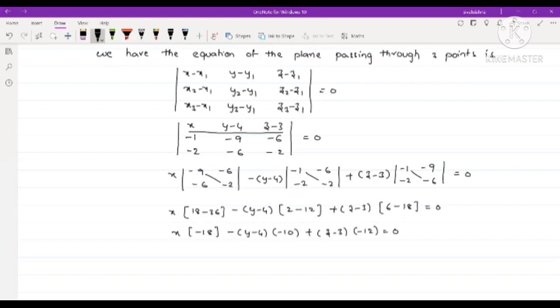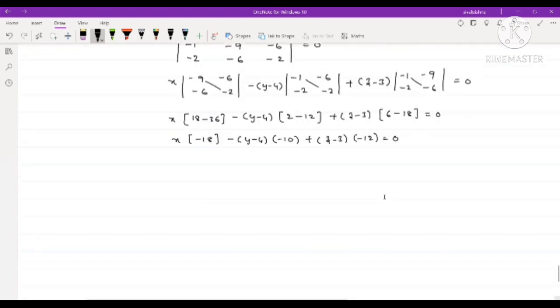Okay, so we have to simplify this equation. Minus 18 into x gives minus 18x. Next, minus 10 into y minus 4, minus into minus means plus 10y, minus 40. Next, minus 12 into z is minus 12z. Minus into minus plus, 12 3s are 36, is equal to 0.